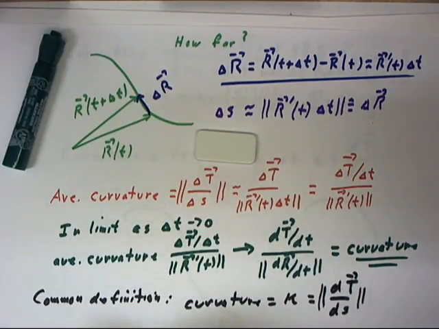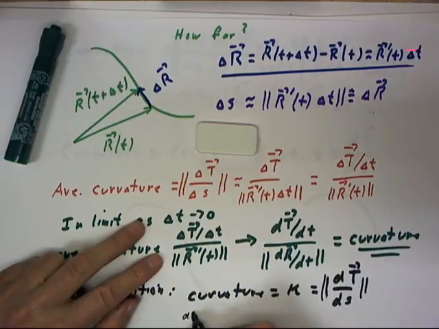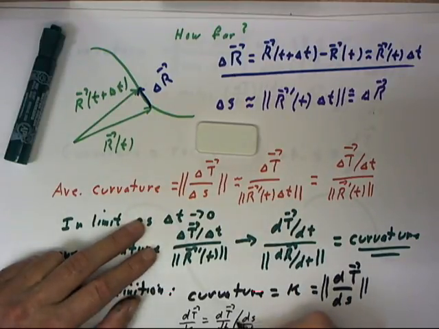Now, we can say formally that dT/ds equals dT/dt divided by ds/dt.